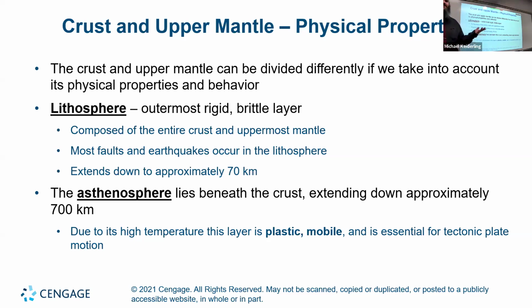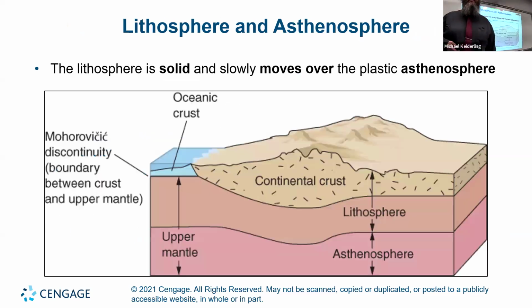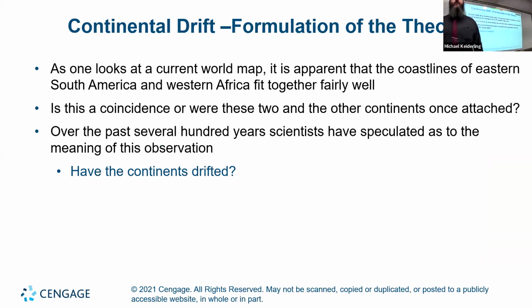I think it's the only place in the solar system we found with plate tectonics. So this is the lithosphere and the asthenosphere. So we have the crust, we have the solid layer of the mantle underneath it, and then there's the asthenosphere, the soft material underneath that is driving the movement of those plates.